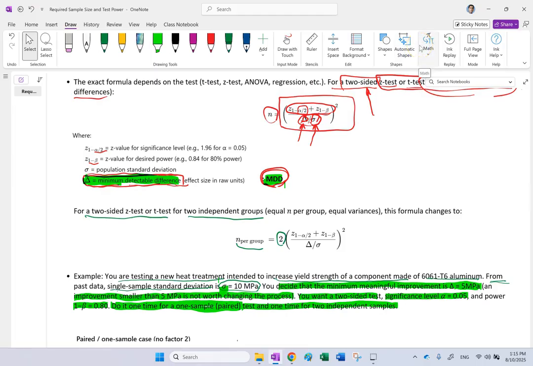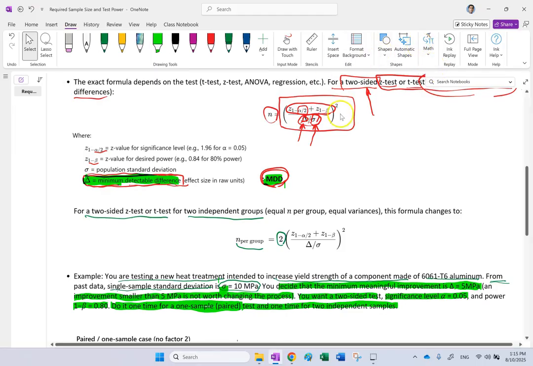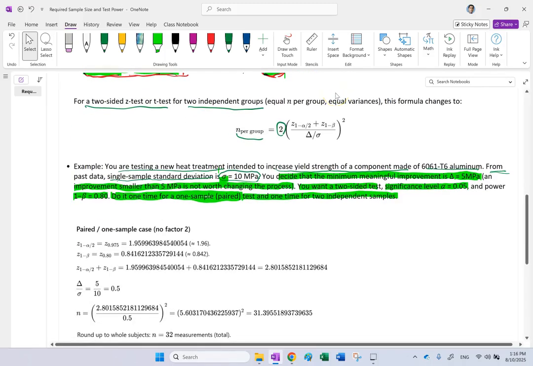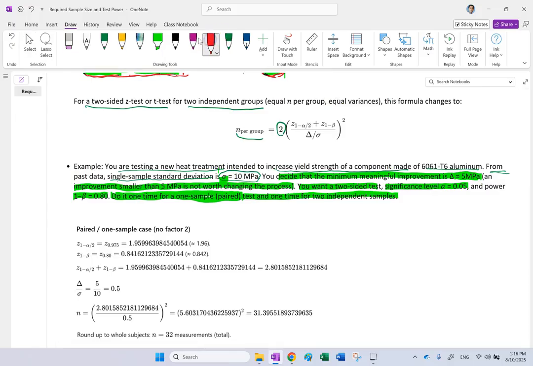So one time you do a paired t-test, the other time you do a two independent samples t-test, and you want to know for each one of them what number of samples you need. So scenario one, let's say it's a paired t-test.